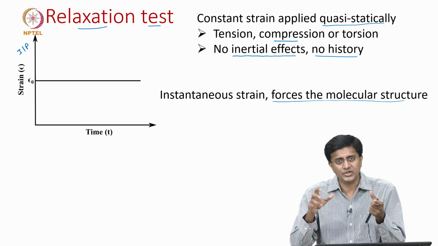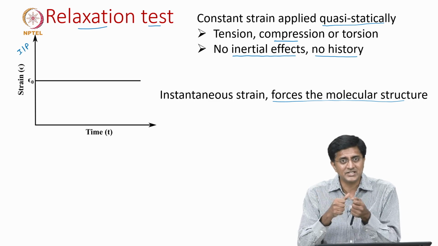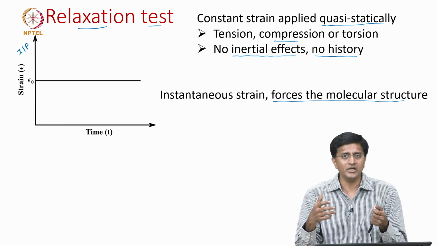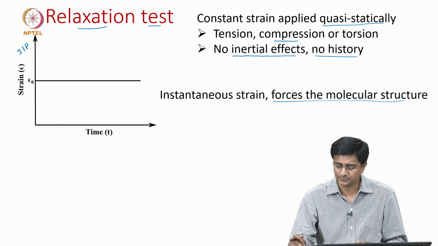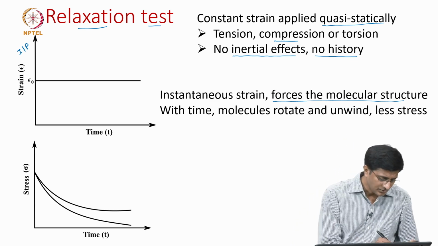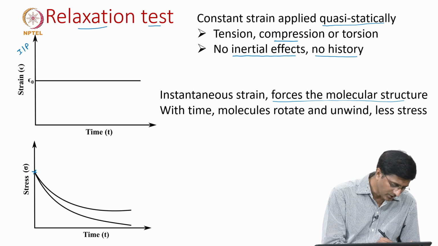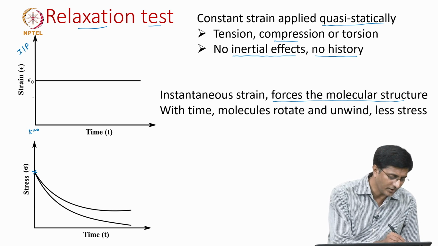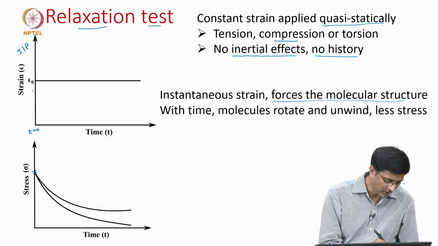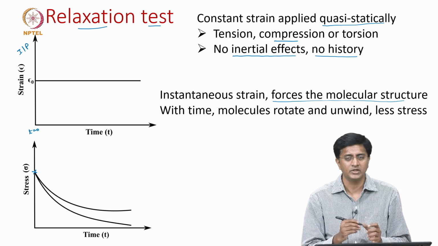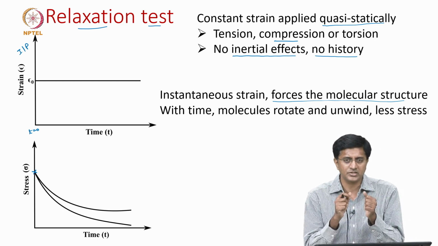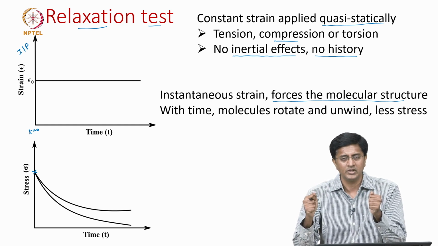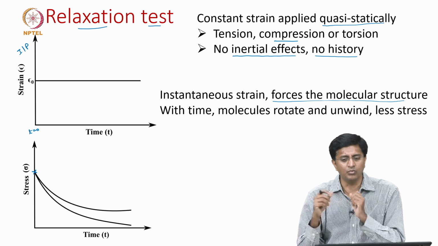Once they take the new shape, of course, there is resistance to taking the new shape, and this is seen by the stresses developed. So, we were discussing that at time t equal to 0, where we applied an instantaneous strain, there is an instantaneous stress developed. The reason for this instantaneous stress development is that we are forcing these molecules to take the new shape, and there is resistance for this movement.